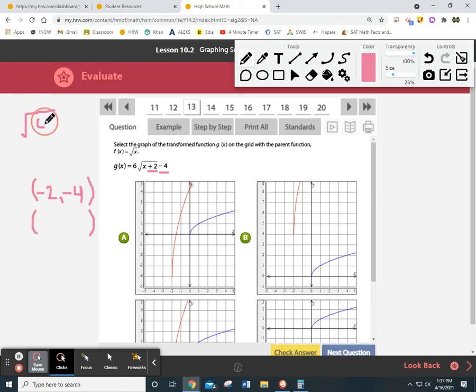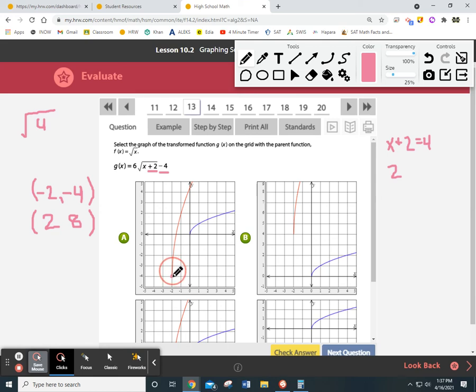So for example, I want it to be like the square root of 4. I'm going to ask myself, what number plus 2 is 4? That would be 2. So I'm going to plug a 2 in there. That way I get the square root of 4, which is 2. 2 times 6 is 12. 12 minus 4 is 8. So then I'm going to look for, do they have a point at negative 2, negative 4?